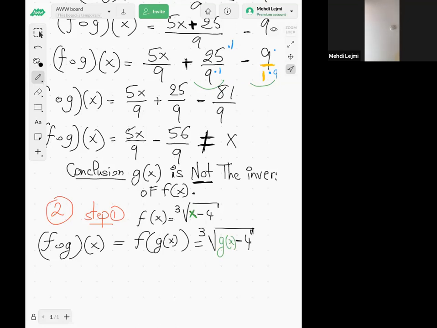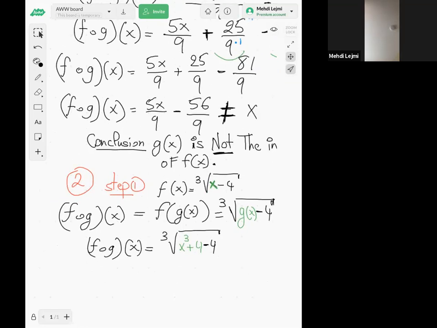All right, let's do it. This is f composed with g of x, so it's the third root. What's g of x? g of x is x cubed plus 4, and then there is minus 4, again everything under the third root. So this plus 4 minus 4 cancel out.